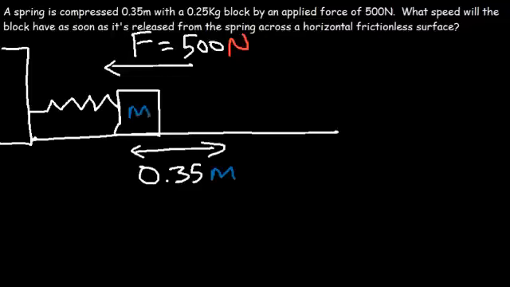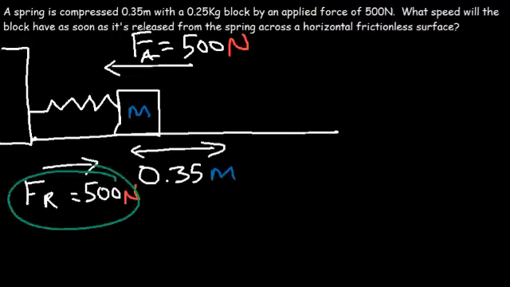Right now, the applied force is balanced by a restoring force of 500 newtons. So as soon as we release it, the applied force will disappear, and it's going to accelerate towards the right due to this restoring force of 500. Now, this restoring force is not constant.